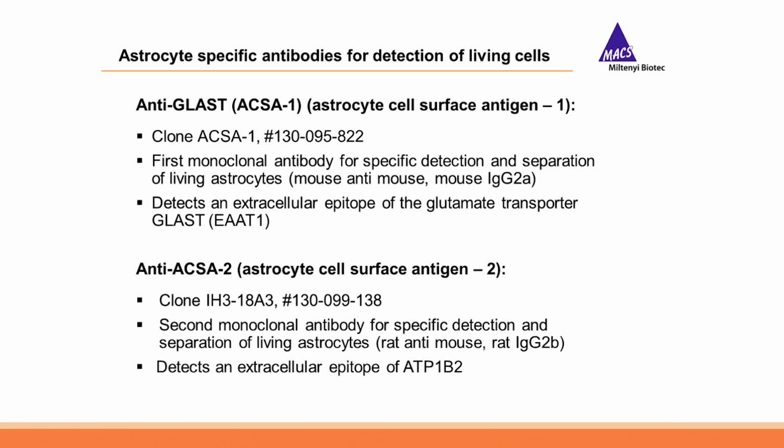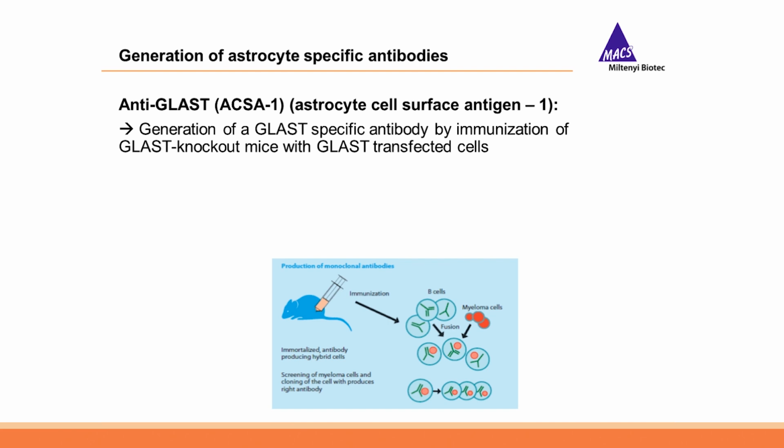This antibody was generated in rat and has the isotype rat IgG2b. When the antibody was generated, the official name of the target was not known, and therefore it was called anti-AXA2. But in the meanwhile, we know that the antibody detects ATP1B2, which is the sodium-potassium transporting ATPase subunit beta-2. Both antibodies were generated by immunization.